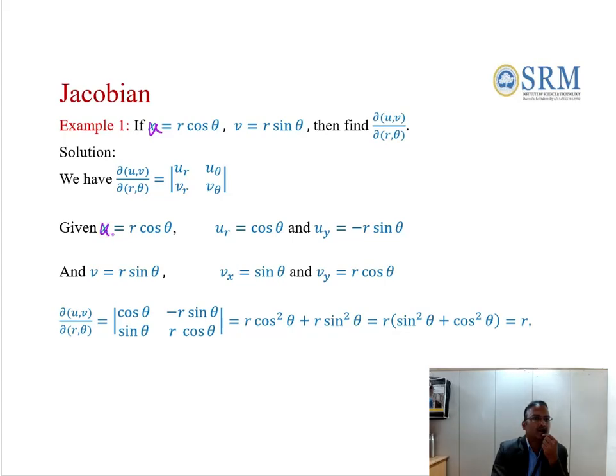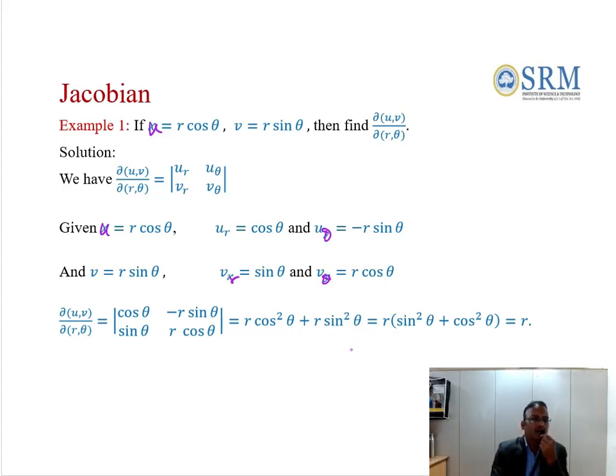Since u equals r cos theta, ur equals cos theta and u theta equals minus r sin theta. Similarly, v equals r sin theta, therefore vr equals sin theta and v theta equals r cos theta.